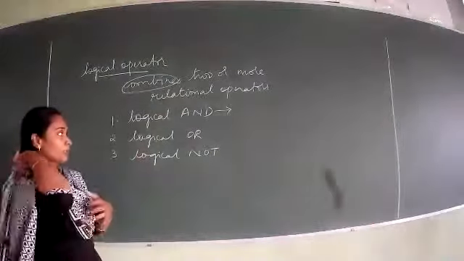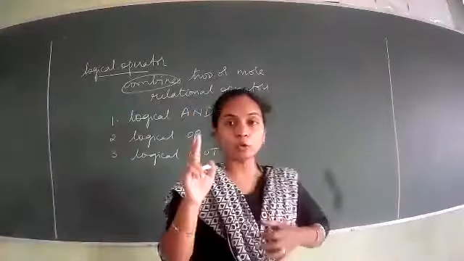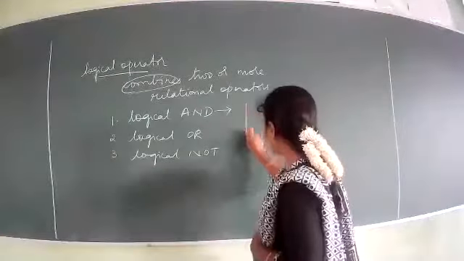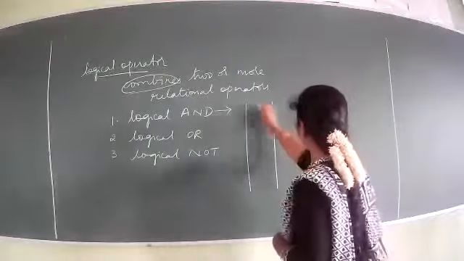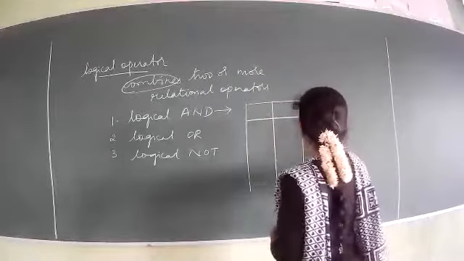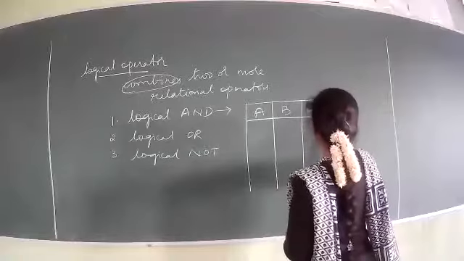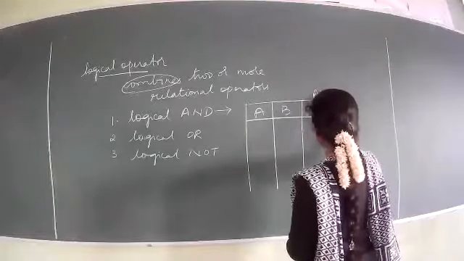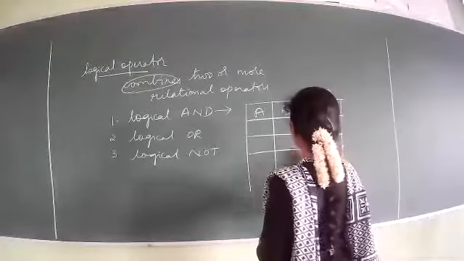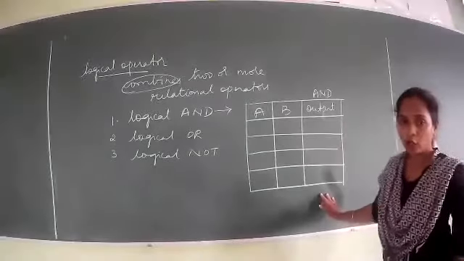So the first one is logical AND. Here you have to consider an example of two variables. Now we are taking two inputs, and this is our output for the AND operator. This is the table for logical AND.